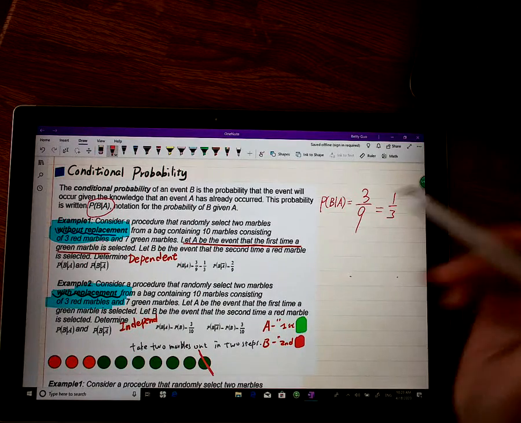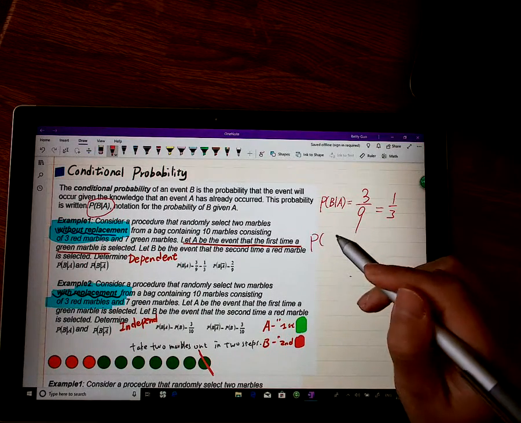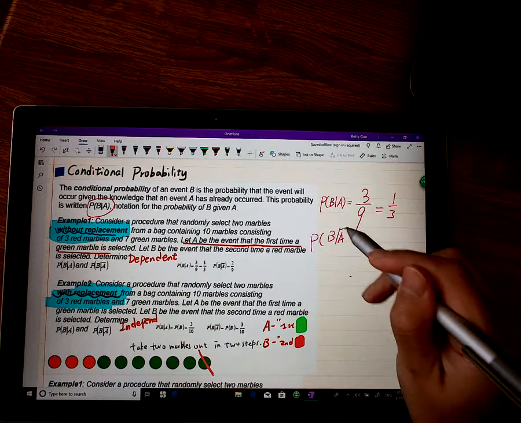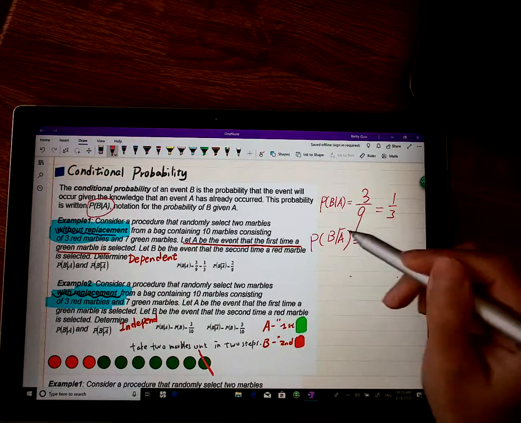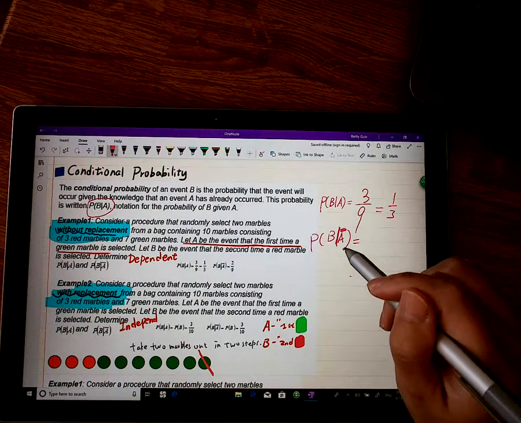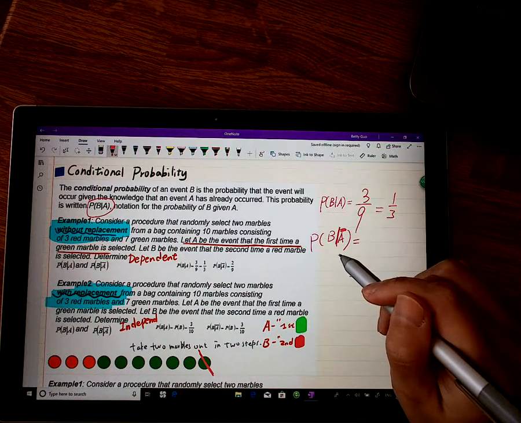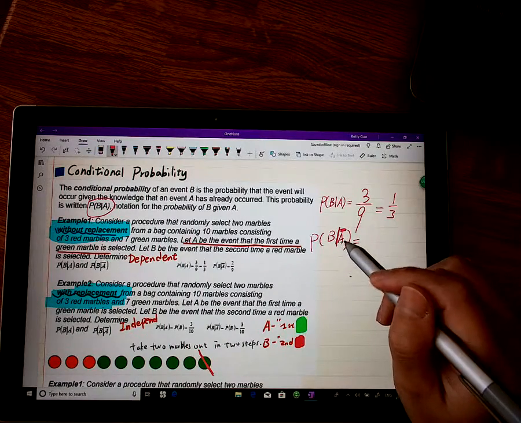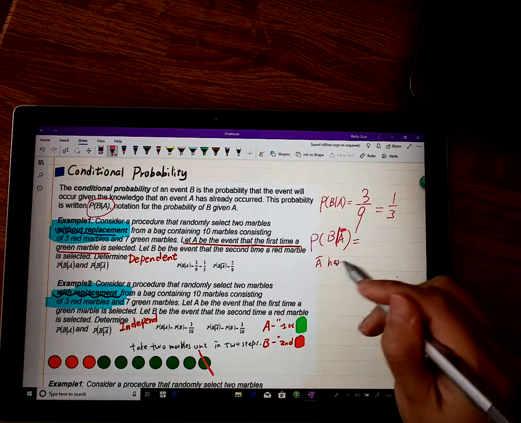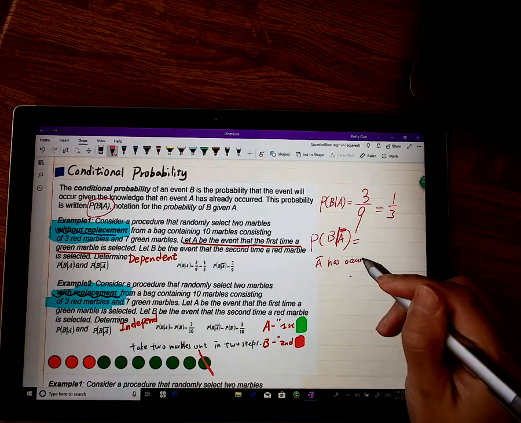Is that understandable? We also need to find the probability of B given A bar. This time the condition is different. We know that the first time we are not getting a green marble. A bar has occurred. That's the condition.